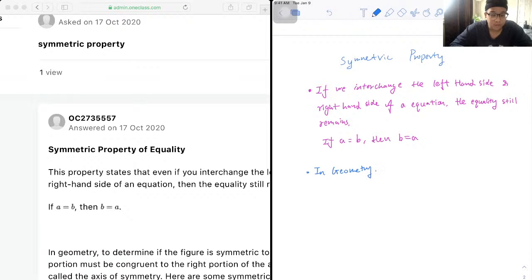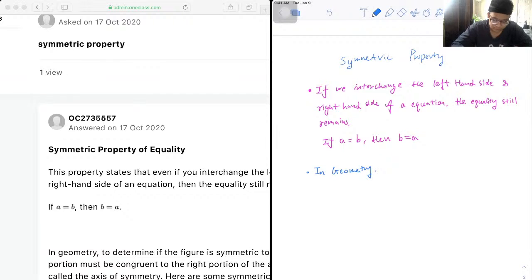And in geometry, to determine if a figure is symmetric to an axis, the left portion must be congruent to the right portion of the axis, and then the axis is called the axis of symmetry.